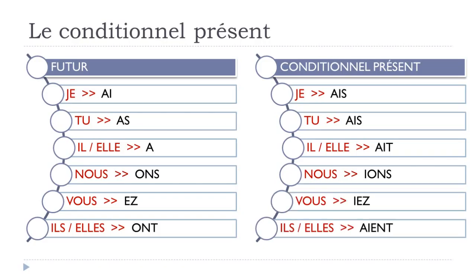To be totally honest, because we construct these two tenses the same way, the endings are the only way to make the difference between the future and the conditional. So it's quite important to remember them by heart. Remember future, AI, AS, A, ONS, EZ, ONT, but conditionnel présent, AIS, AIS, AIT, IONS, IEZ, AIENT.